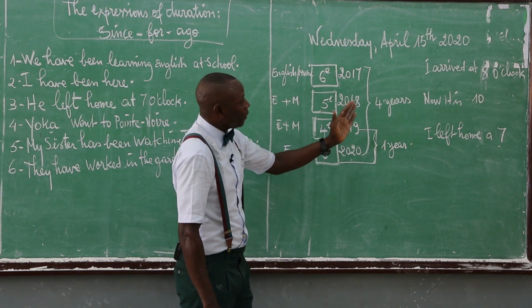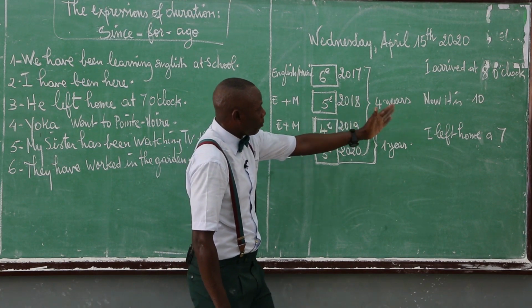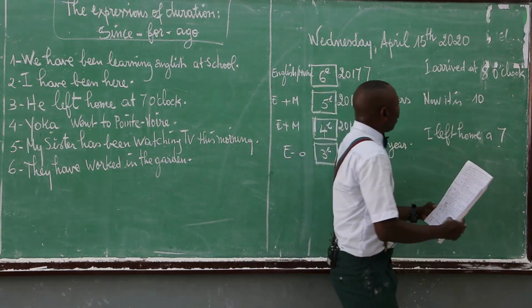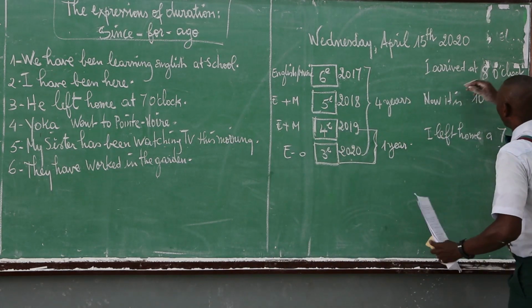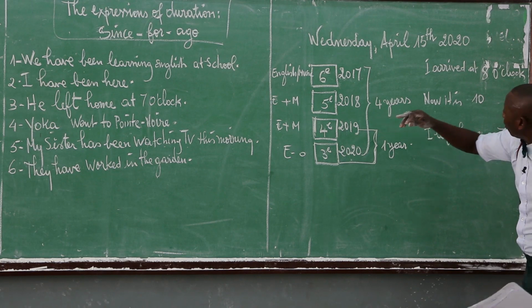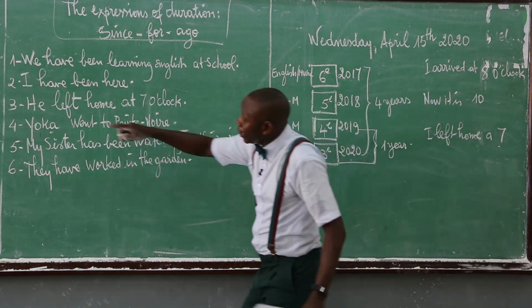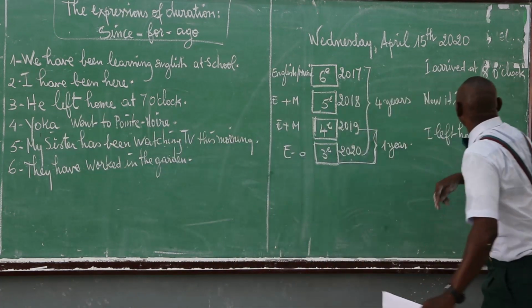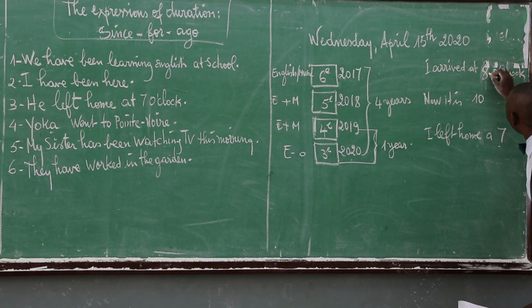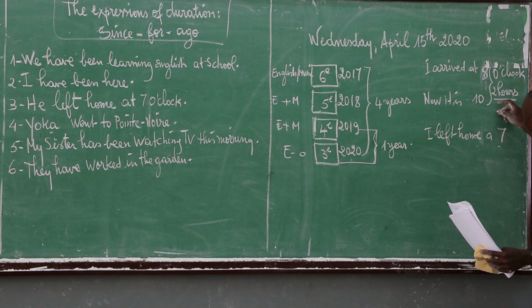Let's move to the second diagram here. I have been here, we say in the first sentence, I have been here since 8. Until now, I am here. From 8 until now, we have 2 hours passed. The duration is for 2 hours.